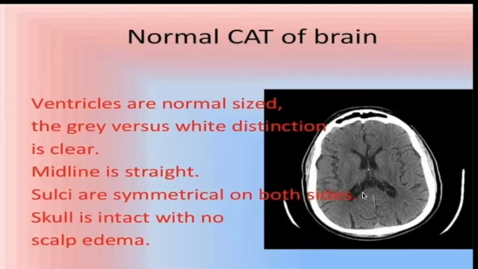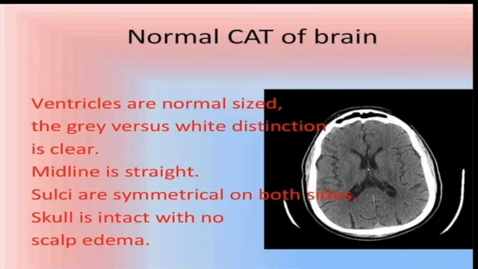In both cases we see hydrocephalus. Now, another question: which age group will present with hydrocephalus? Any idea? Infants, maybe children. Let's say children, not infants, because you can see it in children as well.